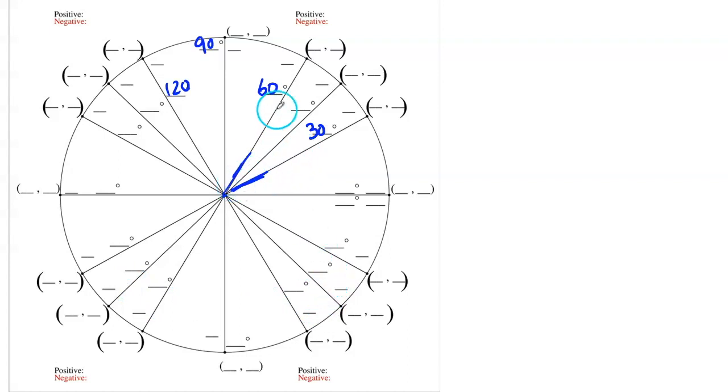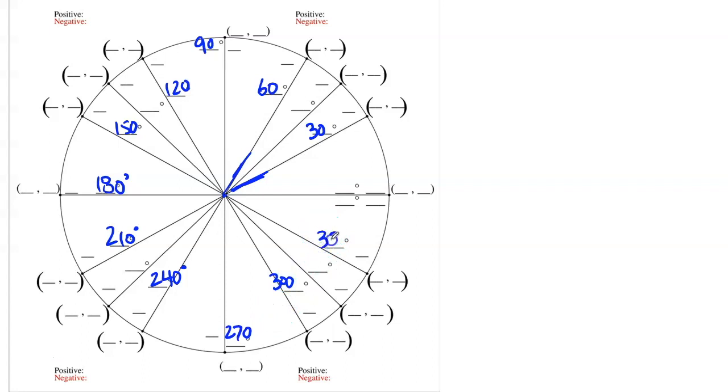First is 30, plus 30 is 60, plus 30 is 90, plus 30 is 120, plus 30, 150, plus 30, 180. Excellent. 210, plus 30, 240, plus 30, 270, right? Plus 30, 300 degrees.